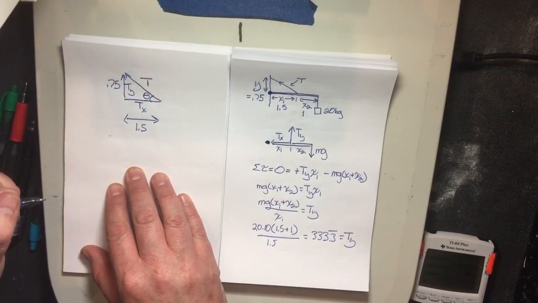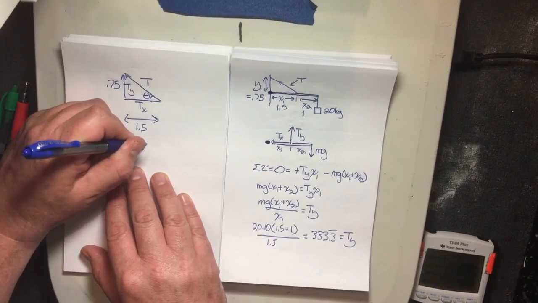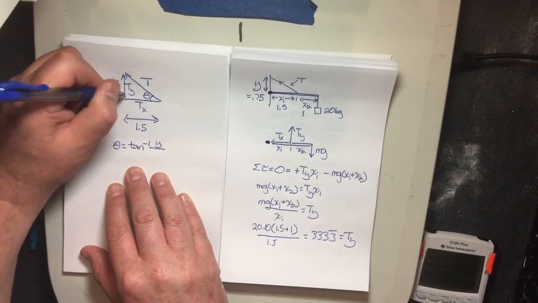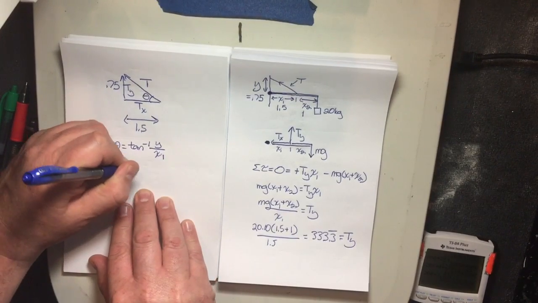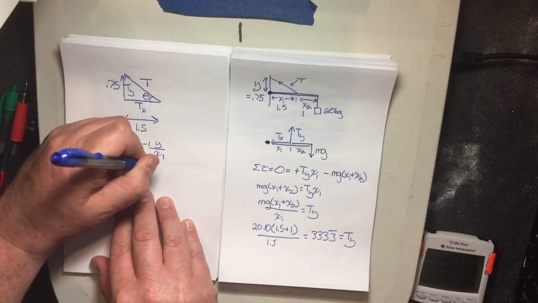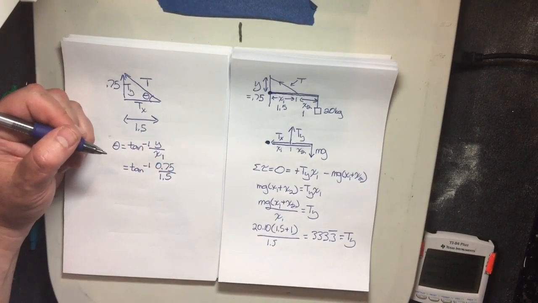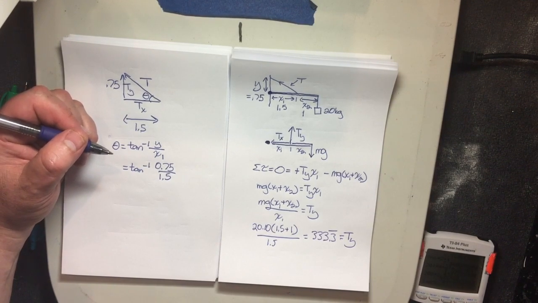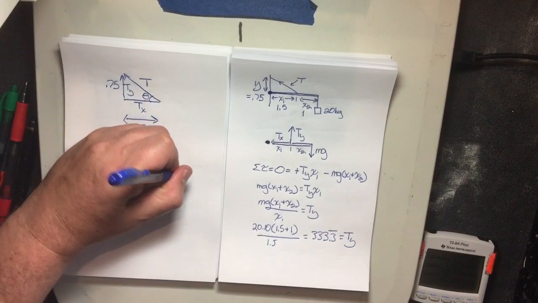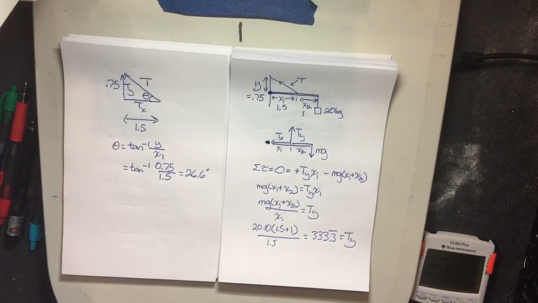That theta there is the inverse tan of y over, really, x1. So this becomes inverse tan of 0.75 divided by 1.5. So inverse tan of 0.5 is equal to 26.6 degrees. So that's the angle that string goes up.